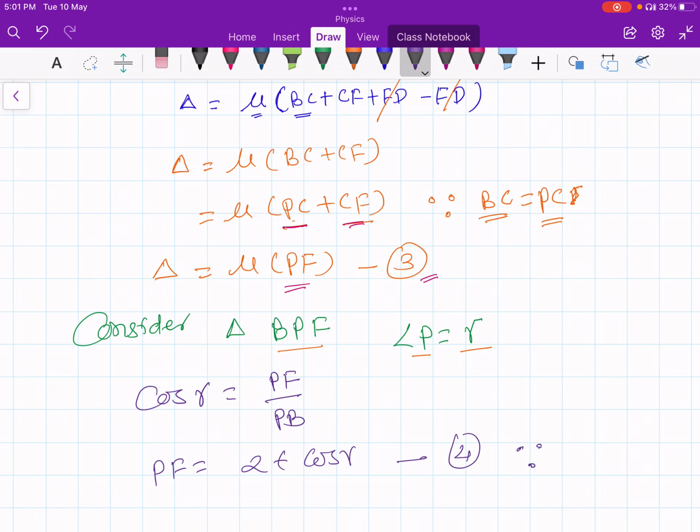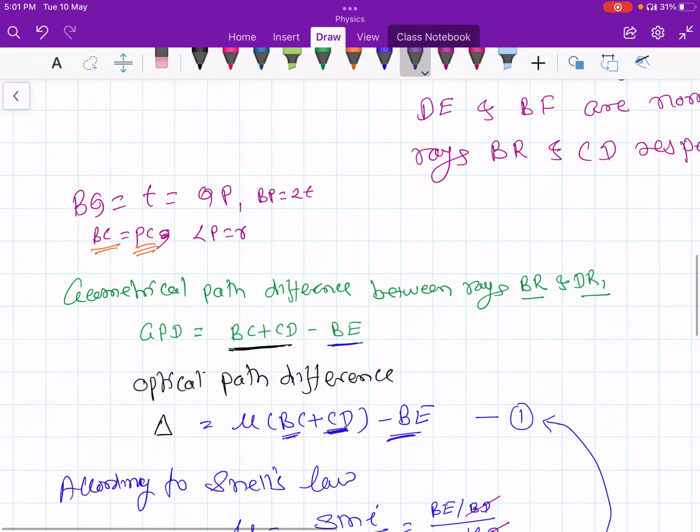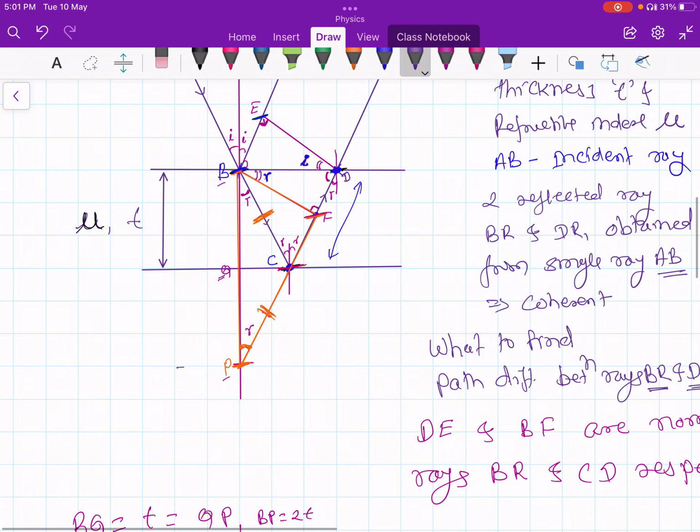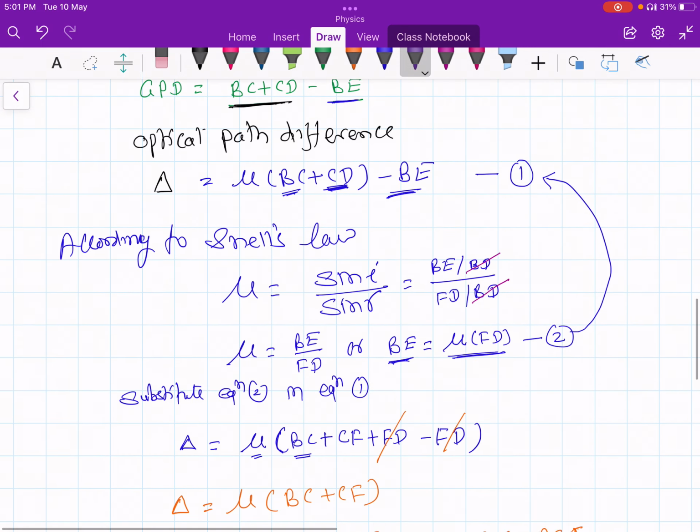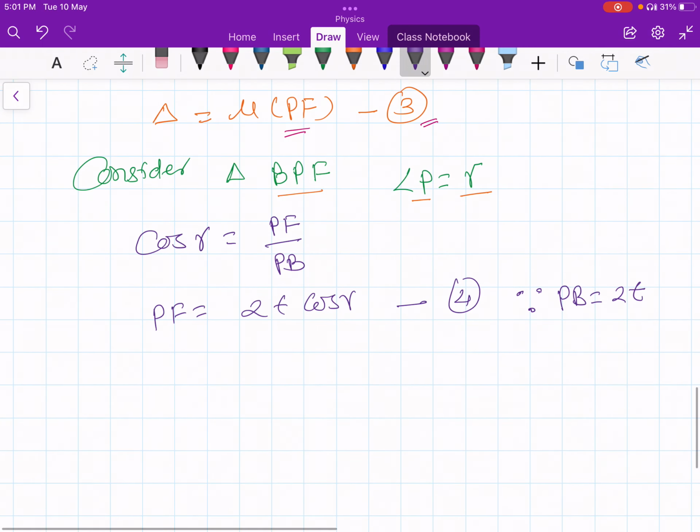And we wrote that since this PB is equal to twice the thickness of the film in the diagram. See, from here to here, the thickness is twice t, because BQ equals QP. So PB is equal to twice t. So this is what I got.